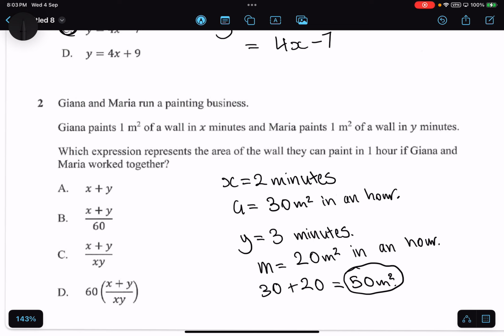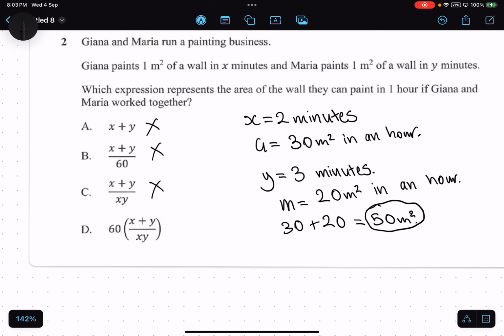Alright, so let's go through them all and see which one it is. A, X plus Y is just 2 plus 3, so that's 5, that's not going to be 50. B is 2 plus 3 over 60, that's 5 over 60, that's not 50. C, X plus Y over XY, that's 5 over 6, that's not 50.